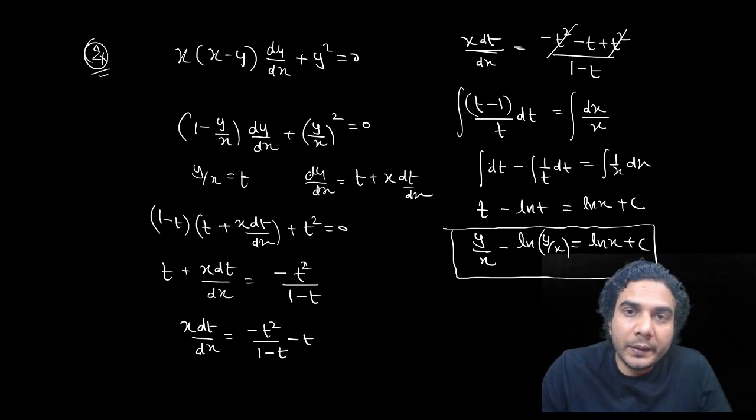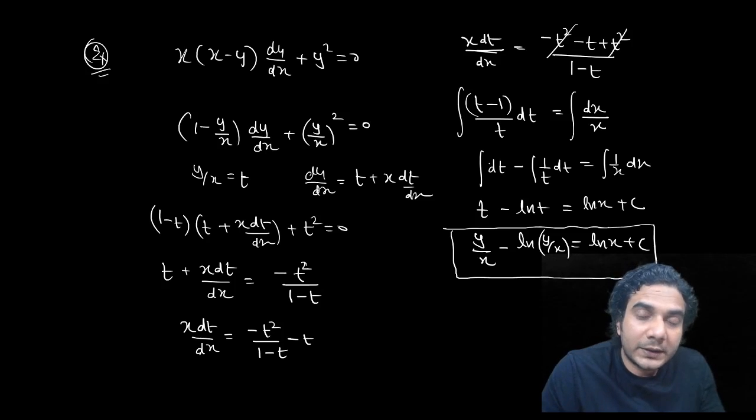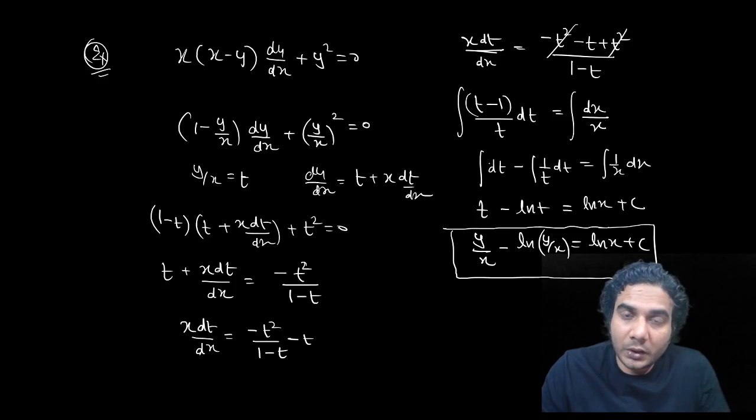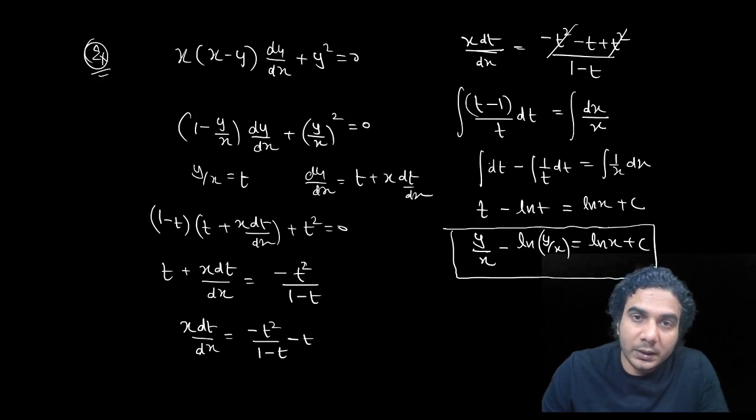So we have done, the 2 sessions are completed. In the first session we understood what is a differential equation, how to find the order and degree of a differential equation. So we did sums based on that. Then we did formation of a differential equation of various families of curves. Now we are finding the solutions of a given differential equation. So we started with variable separable method, okay.